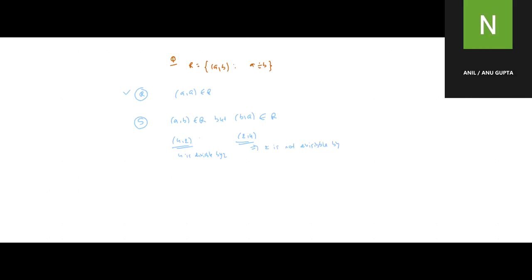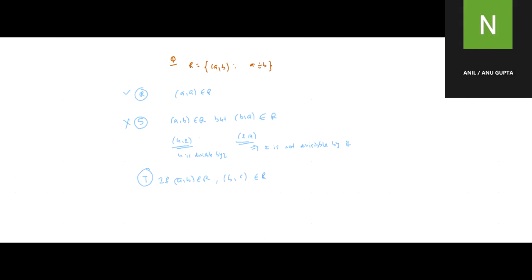Transitive, है या नहीं? Okay. Transitive के लिए let's take (A, B) belongs to R and (B, C) also belongs to R. You take these two conditions.